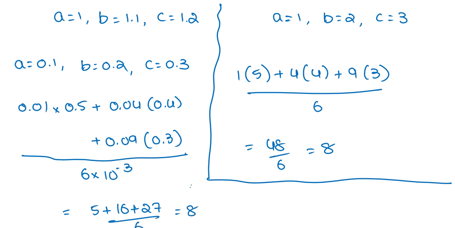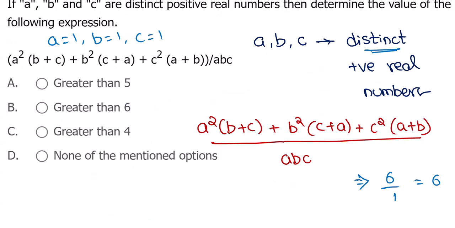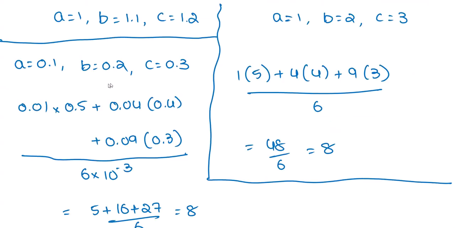See, if it is 1, 2, 3 or 0.1, 0.2, 0.3, you can try 1.1 and all this stuff also later. When all are equal, it's minimum 6. When they are distinct, we got more than 6. So I can say greater than 6. We took 0.1 also here; 0.1, 0.2, 0.3 we are mentioning clearly.